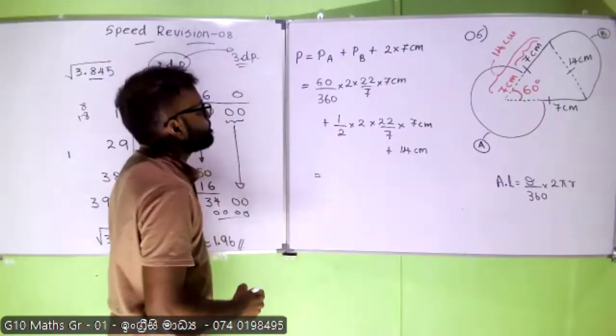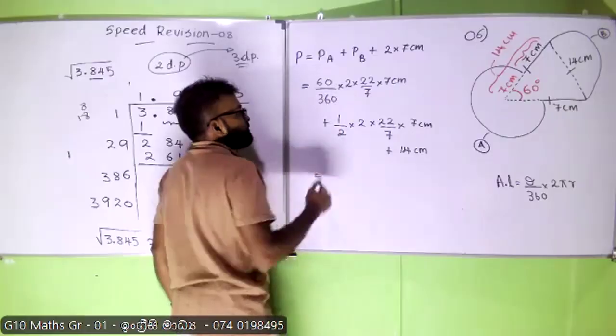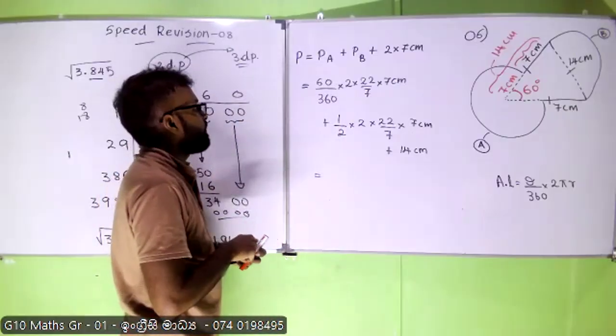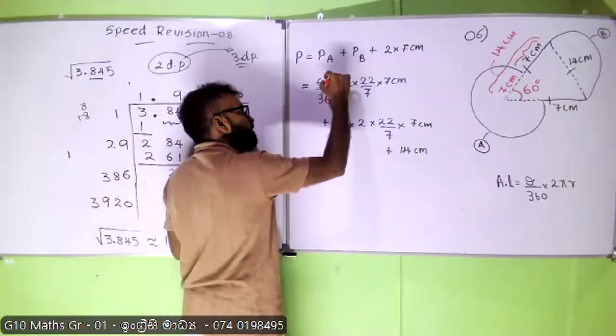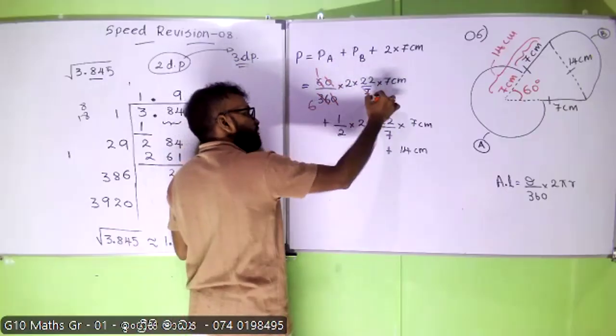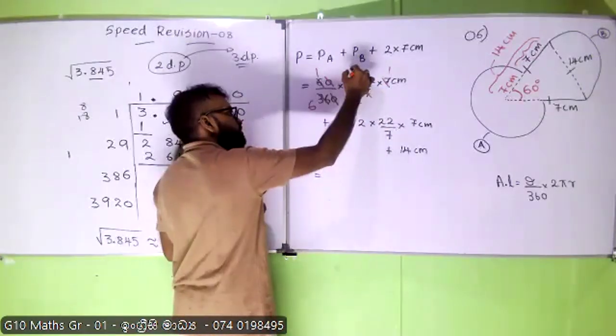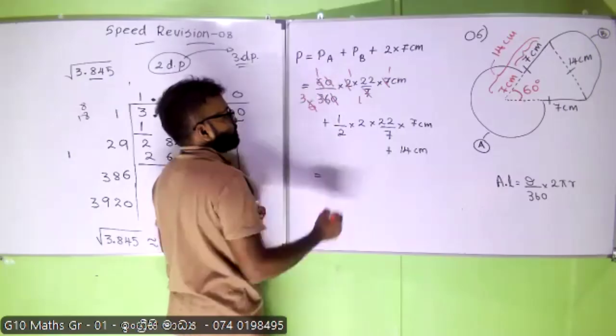Equal mark. So simplify this. I will use my red pen to simplify so that you can identify it very well. 60 to 0, 6 times 1, 6 times 6, 7 into 1, 7 into 1, 2 times 1, 2 times 3.